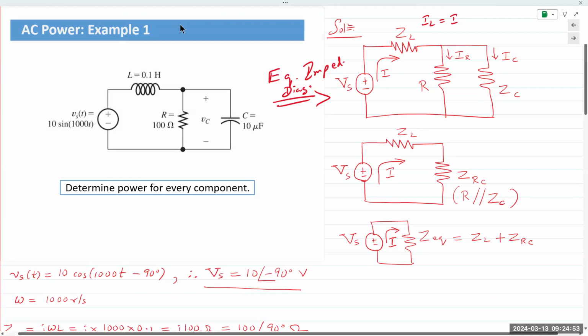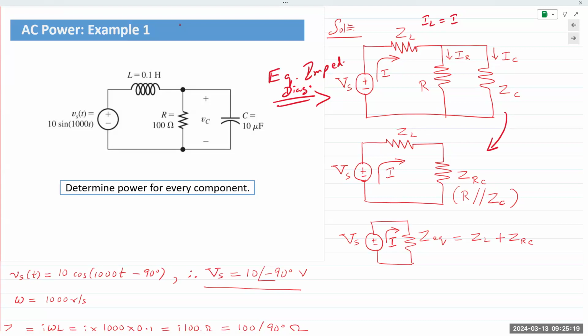After drawing the first step, the next step, I can see that the resistor and the capacitor are in parallel. We obviously cannot combine a resistor with a capacitor, but what we can do is combine the impedances of the resistor and the capacitor together. So R would be in parallel with ZC. That would give me a component, and I labeled it as ZRC.